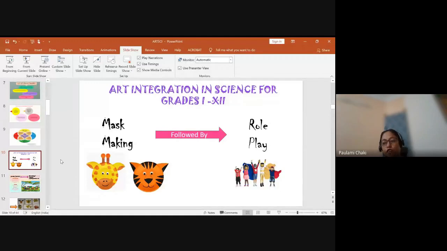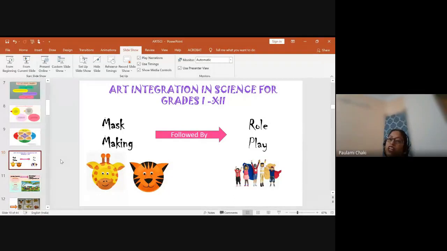In grade 2, we introduce different animals and different nutrients like carbohydrate and vitamin, in a very age-appropriate format. Then in grade 3 we have foods we eat. Then there is a lesson called Poonam's Day Out, where Poonam goes out and experiences different animals and different living organisms around her. So there this mask making can be used.